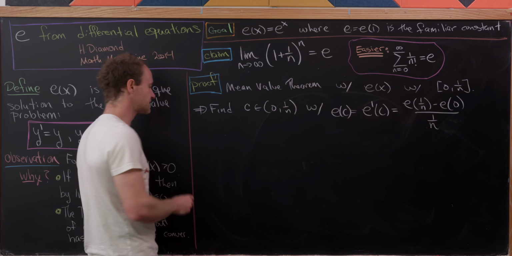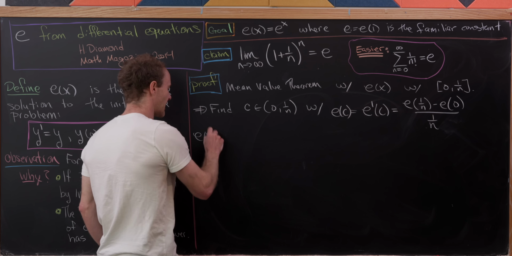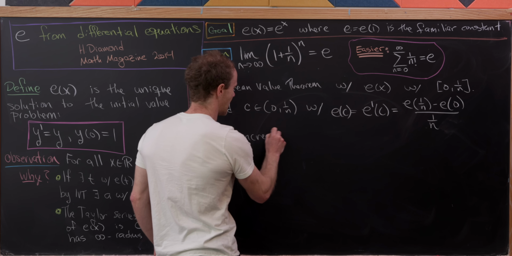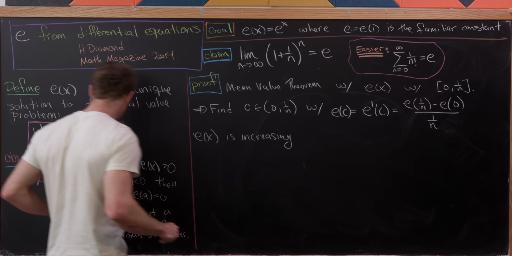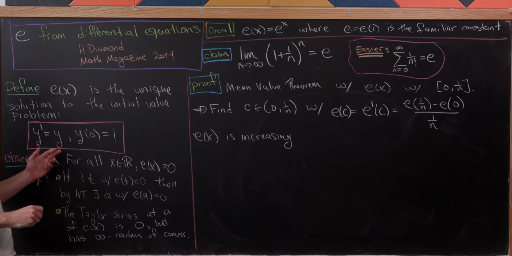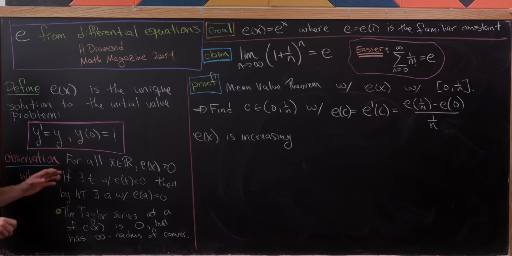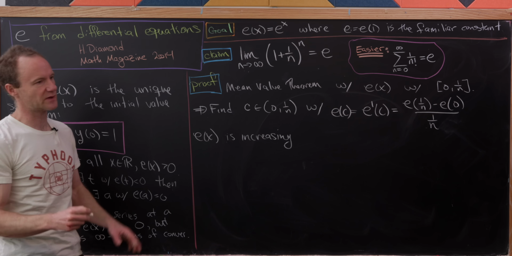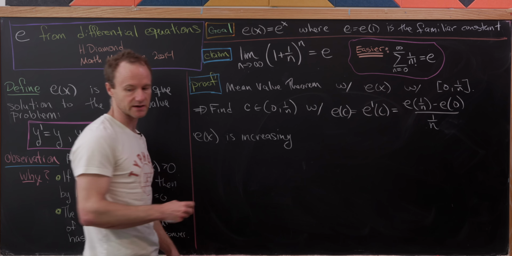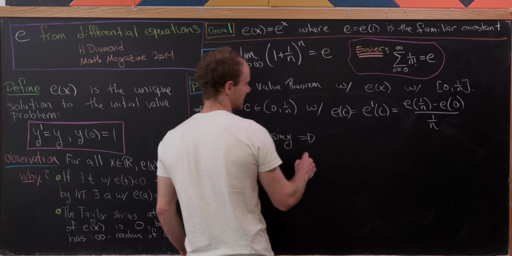Okay, but then let's also note that E of x is increasing. Now, you might say, how do we know that? Well, from this over here, we know that E of x is always positive. But since E of x is equal to its derivative, that means the derivative is always positive. And the derivative being always positive means that it is increasing. But what does that tell us?